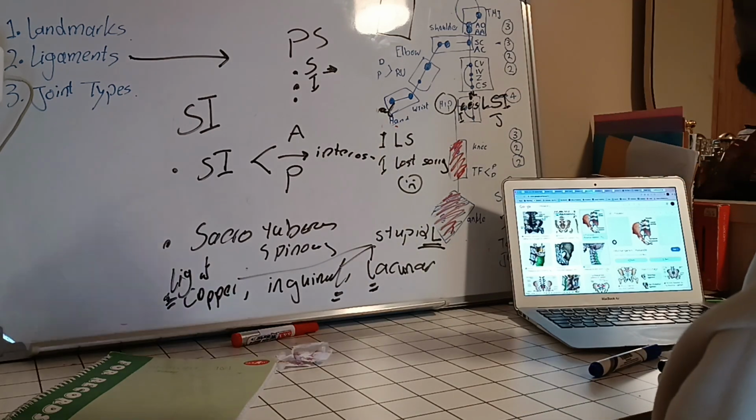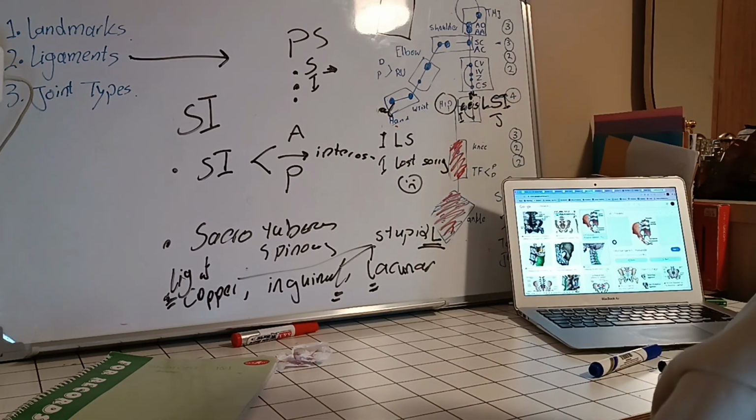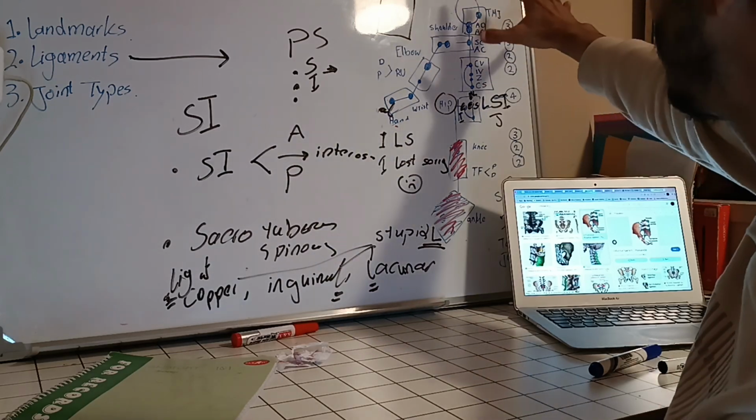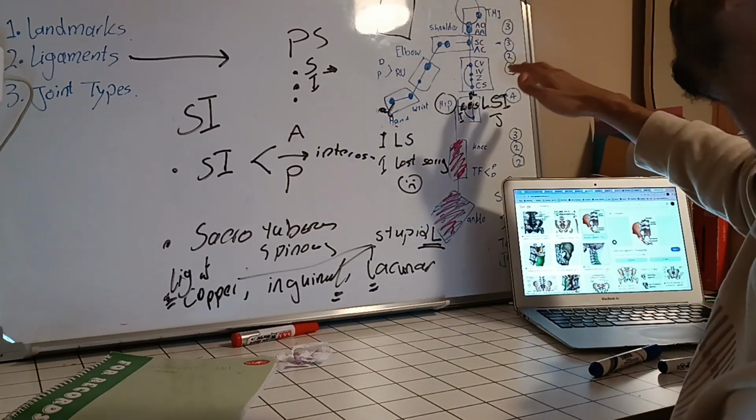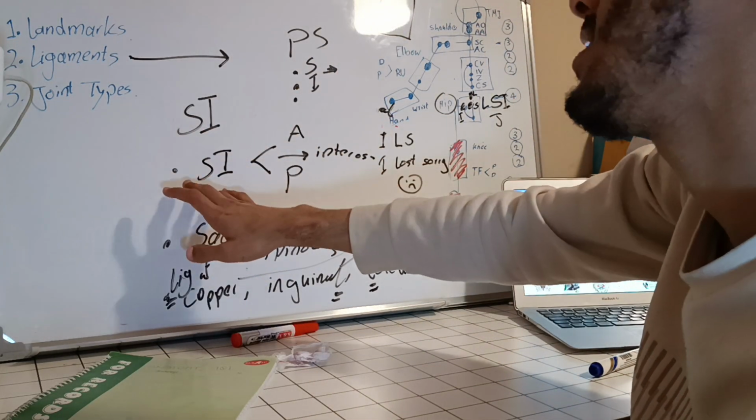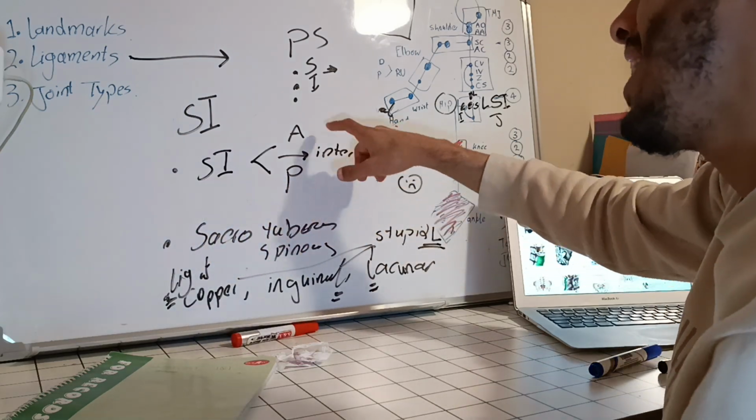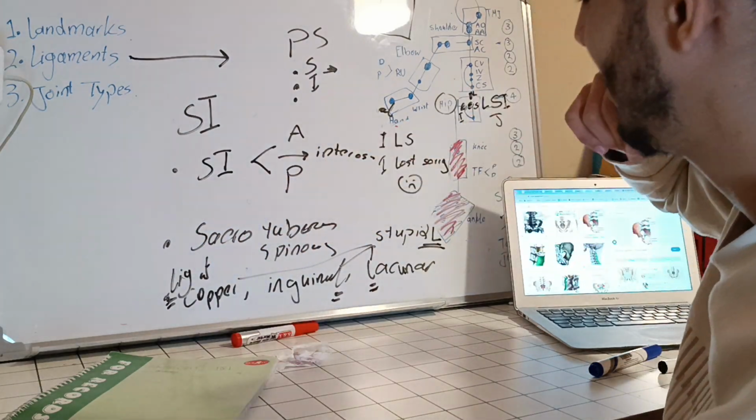In terms of the joints, we have the lumbosacral joint and sacroiliac joints. In terms of the sacroiliac, there is the anterior sacroiliac ligament and posterior sacroiliac ligament.